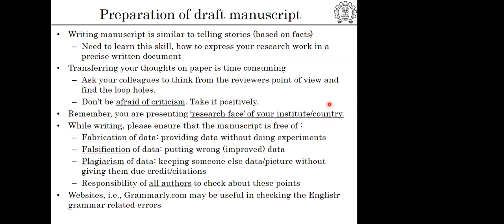I have seen a particular case where a Chinese research group took more than 50% of the data from a published work of somebody else, and they claimed that work as their own. Later on, we made an objection to that work, and the editor had to withdraw that paper. So it was a very bad thing from that point of view.